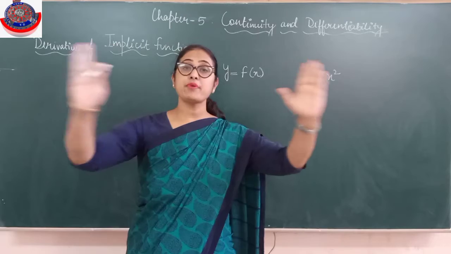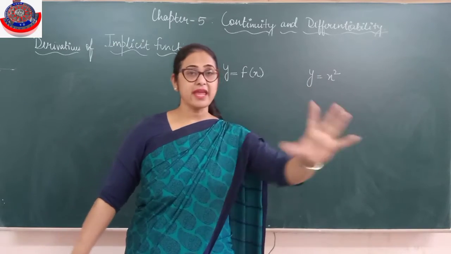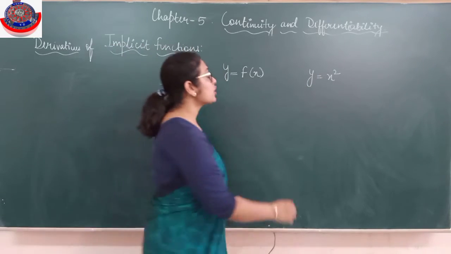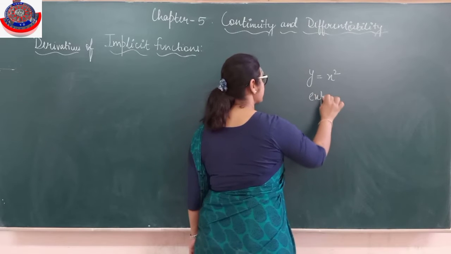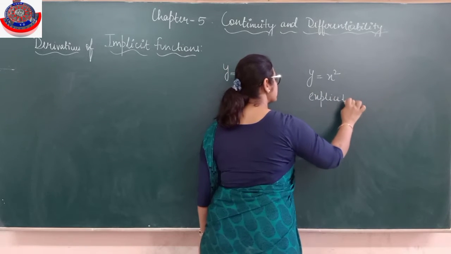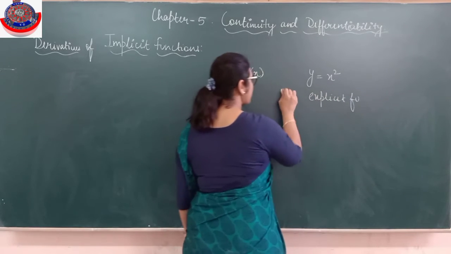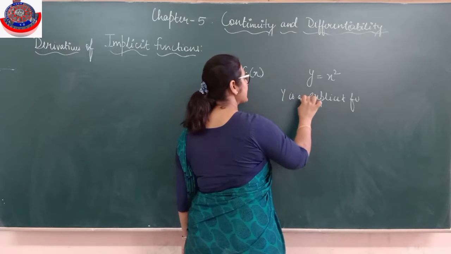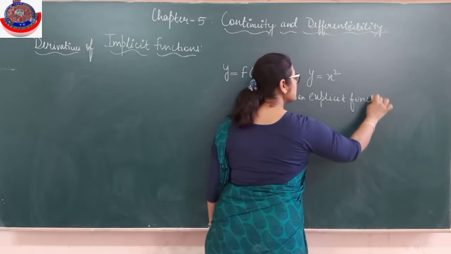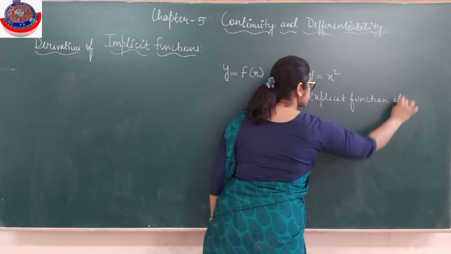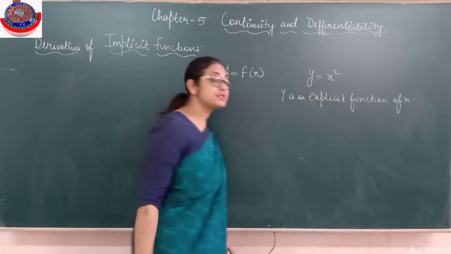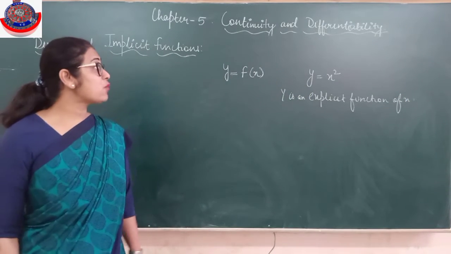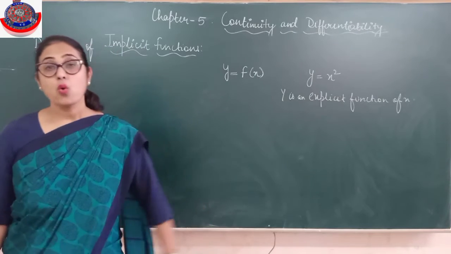So when they are separate, y all terms together, x all terms together, these are called explicit functions. I'll say y is an explicit function of x. Is it clear? Y is on one side, x is on one side.